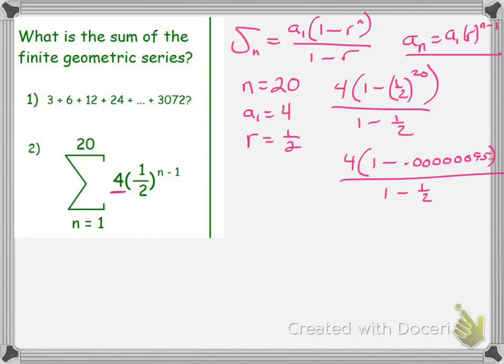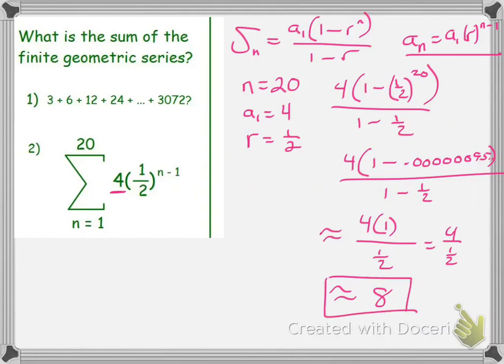You're really not subtracting much. So it's going to be 4 times 1, and this is actually an approximation, divided by 1 half. 4 divided by 1 half, or divided by 0.5. Dividing by 1 half is the same thing as multiplying by 2. It's the reciprocal, so that's going to be approximately 8.